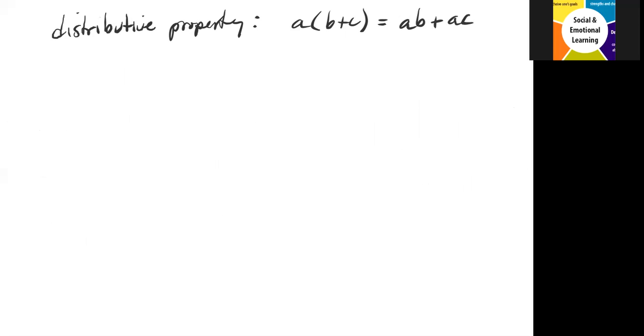So multiplication also distributes over subtraction. We could say that A times B minus C is going to be AB minus AC. So the negative sign in the bracket there didn't affect the distributive property. So we've done some examples of that.